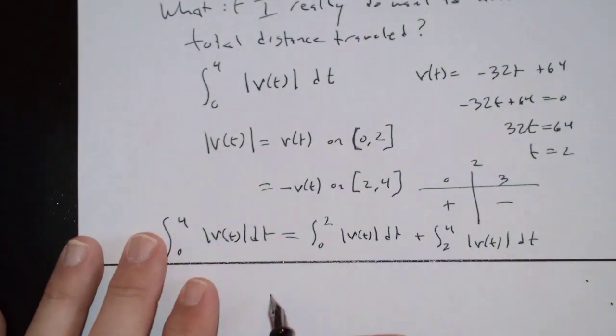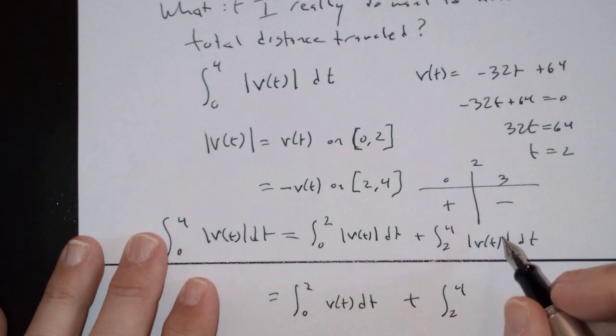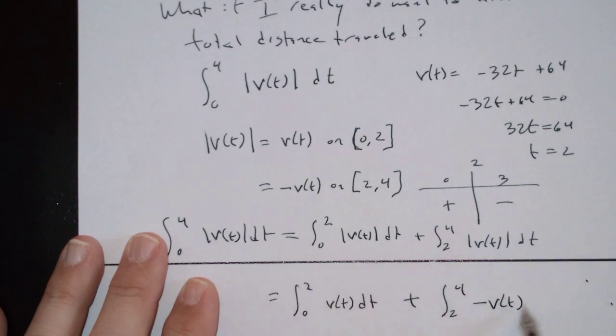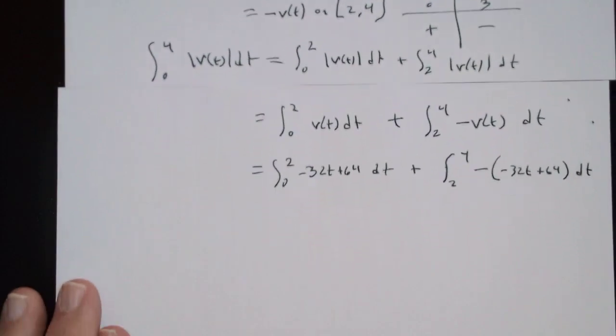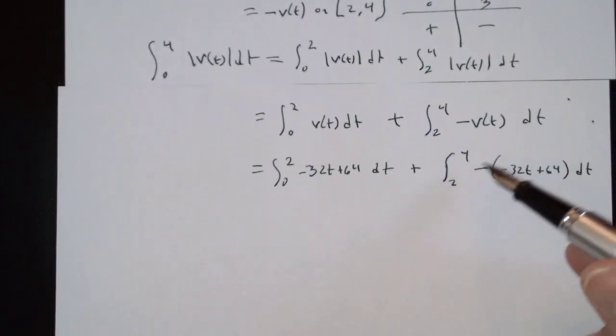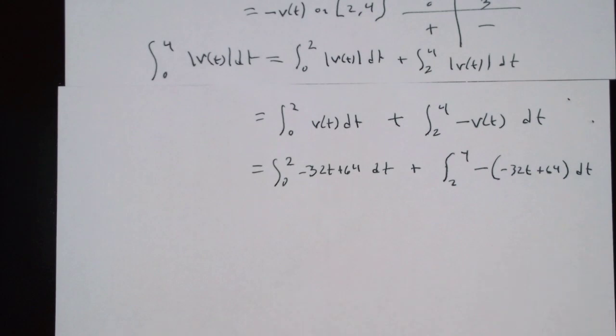I can just replace that by v of t. But here's where I know it's negative. So I'm going to replace that with minus v of t. Now put the equation in. There's the absolute value part being done between 2 and 4.